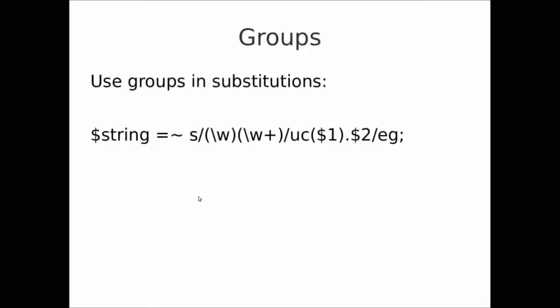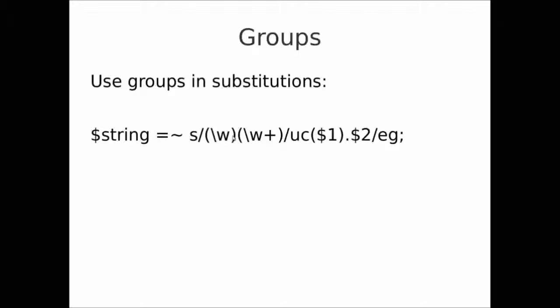We can use these special variables in substitutions. Here's one that you may see in other people's code. Let's break down this match and see what happens. So first of all, we have a string. We're going to use a regular expression because we have this equals and a tilde. And we're going to substitute. We're going to match a single character.